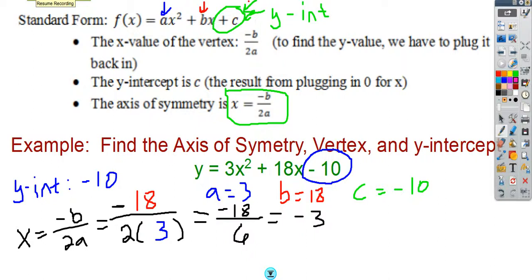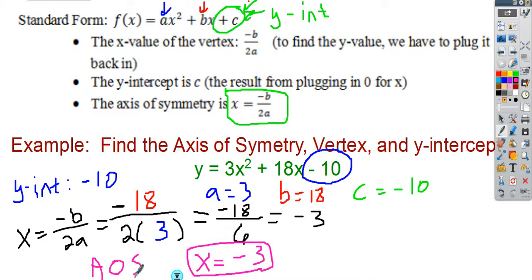Alright, so when we have x equals negative 3 as our final part for the axis of symmetry, that is the equation of our axis of symmetry, x equals negative 3. So that's also the x value of our vertex. So I'm going to write this as AOS, axis of symmetry. Okay. Our vertex now, I'm going to scroll down a little bit so I can do it.